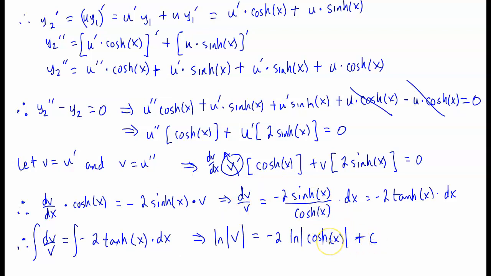Now, if you don't remember that, you can always deal with it in this form here of sine hyperbolic over cosine hyperbolic and use the substitution rule. And I'll go ahead and demonstrate that just so that for those of you that need to see it, you'll have it. All right, so let's say we're doing the antiderivative of sine hyperbolic over cosine hyperbolic here. And I'm just going to put the minus 2 on the outside like that.